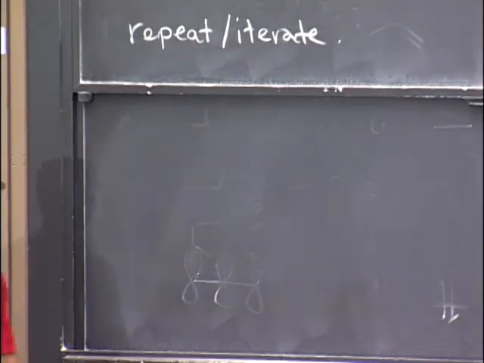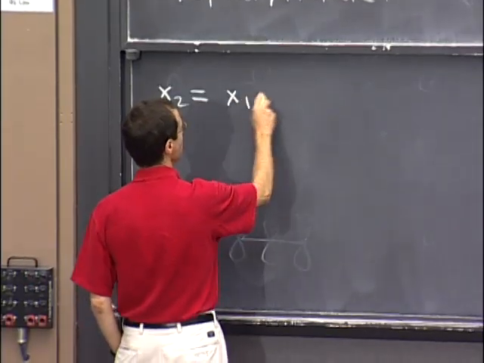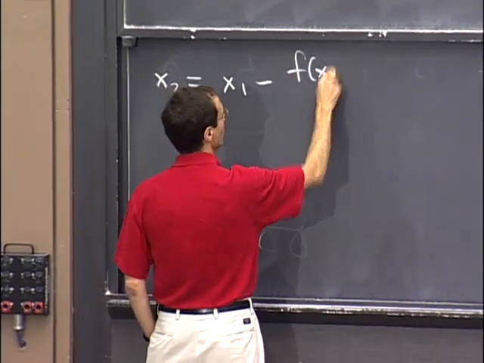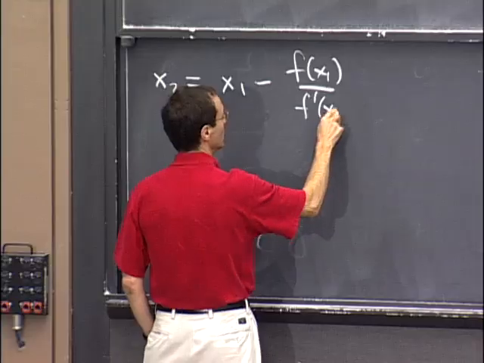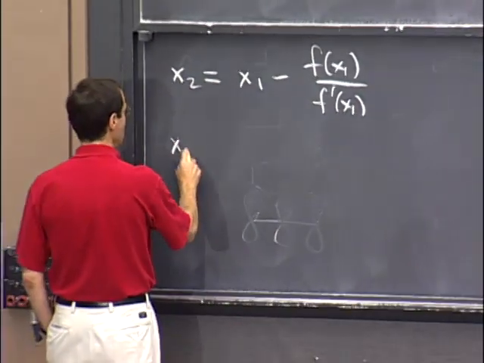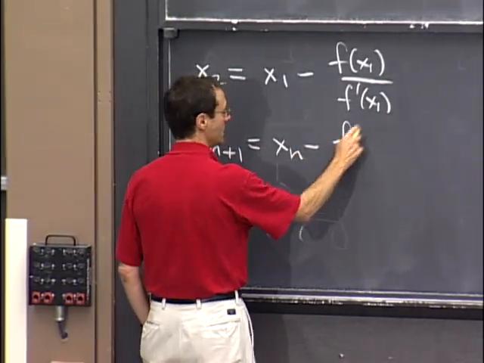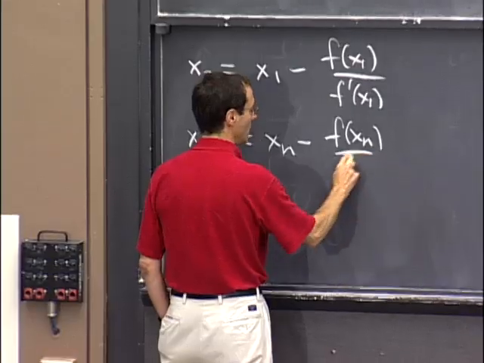So we repeat the process, and that means, for example, we generate x2 from x1 by the same formula. And we did this last time. And more generally, the n plus first is generated from the nth guess by this formula here.